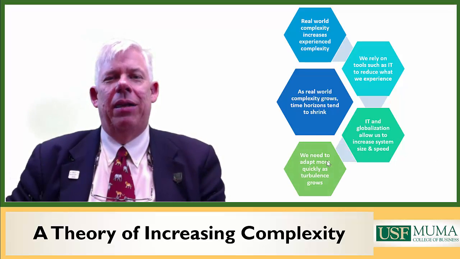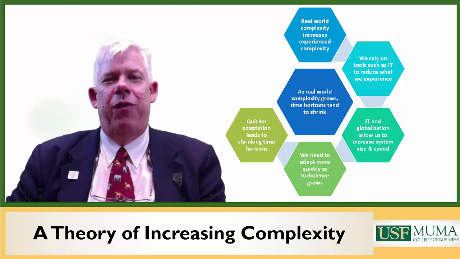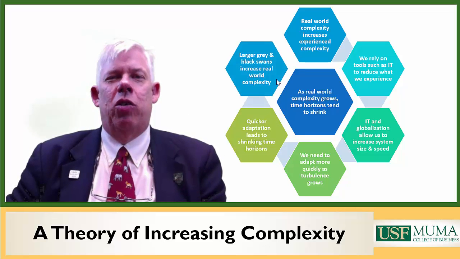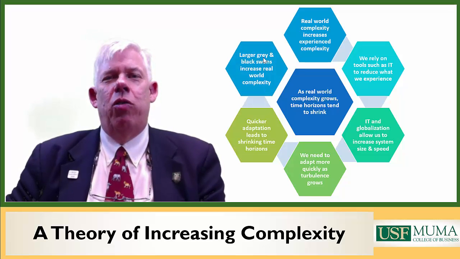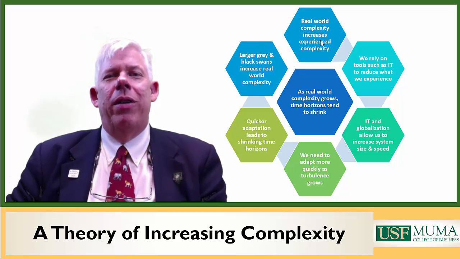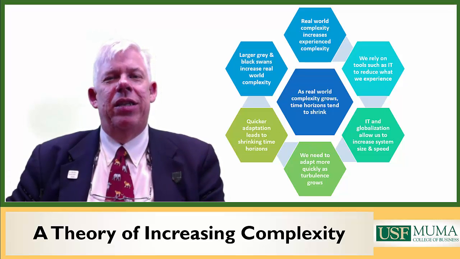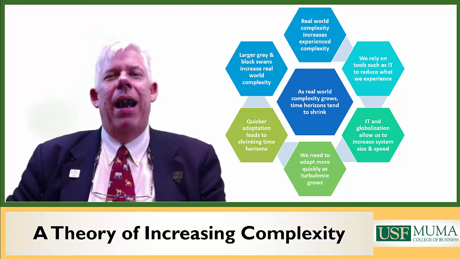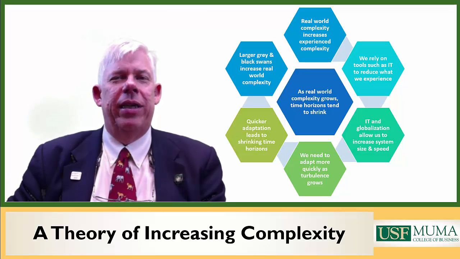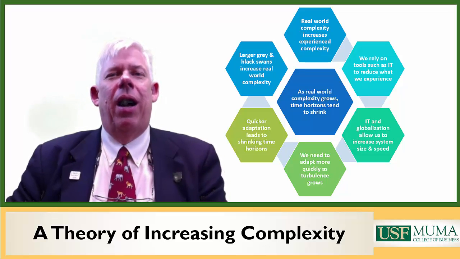All of these allow us to adapt more quickly as turbulence occurs, but they feed back to shorter time horizons and ultimately greater turbulence, more gray swans, potentially more black swans as the size of the system grows, more increased real-world complexity, and so forth. And in a system like this, it's not entirely clear how you can accommodate the effects of complexity, but one thing that is very clear is that if you're going to survive in a system like this, you need to be highly adaptable.